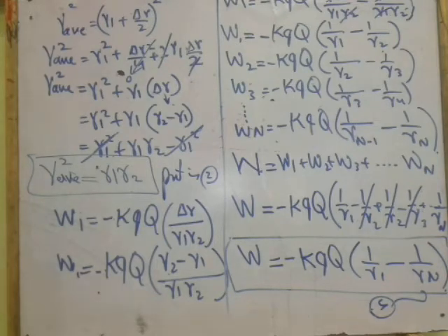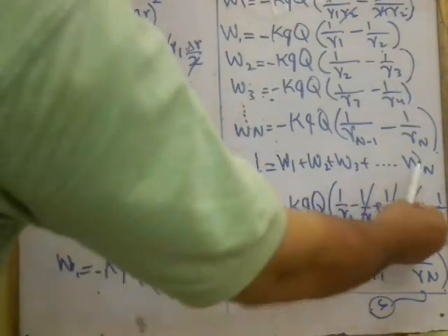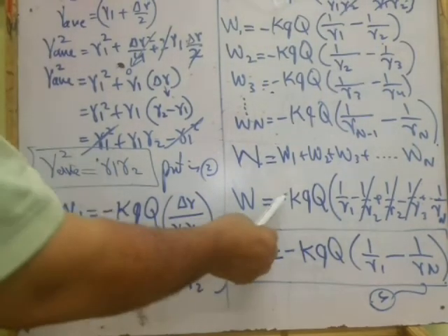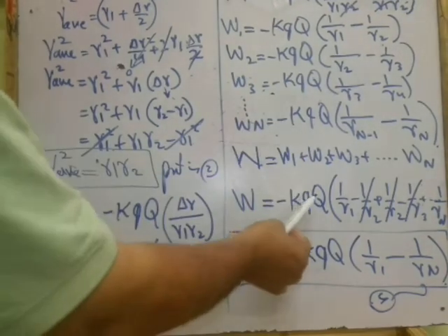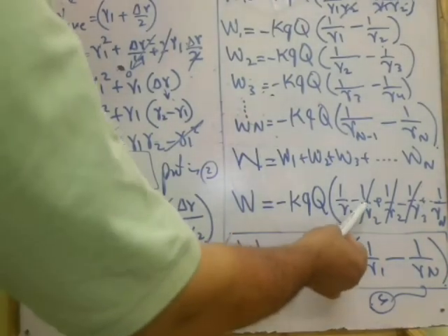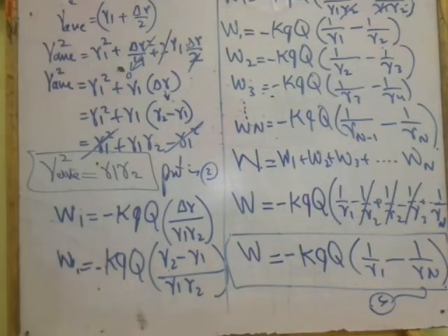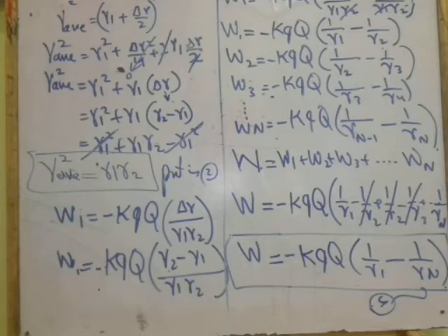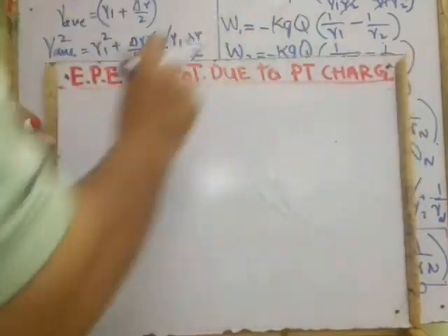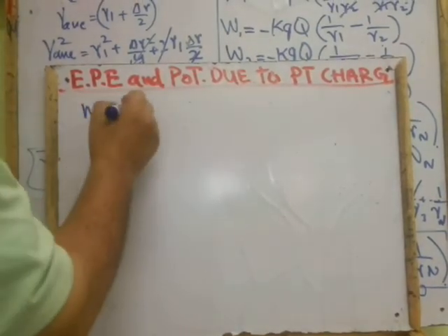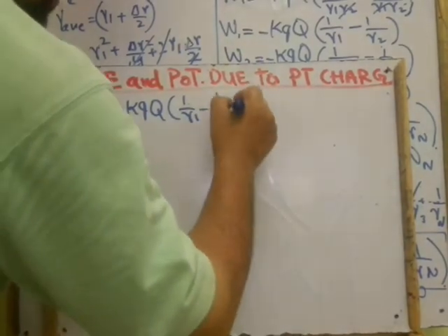As work done is a scalar quantity, we can simply add all the individual works. Minus K q capital Q is common among all the terms, so we take it outside, and the intermediate terms cancel, leaving the initial and final points. We know that W is equal to minus K small q capital Q times 1 over R1 minus 1 over Rn.